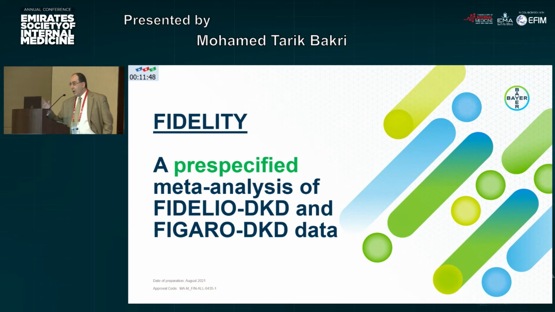For Figaro, I'm skipping because of time, but it was also positive for the primary and secondary endpoints. Because we have the same design of the medication, the same primary and secondary endpoints, it was pre-specified for a meta-analysis looking at almost 13,000 patients.